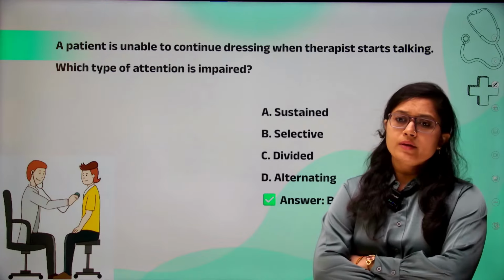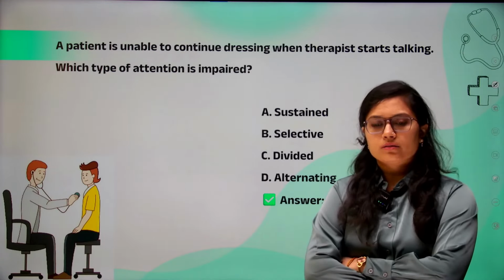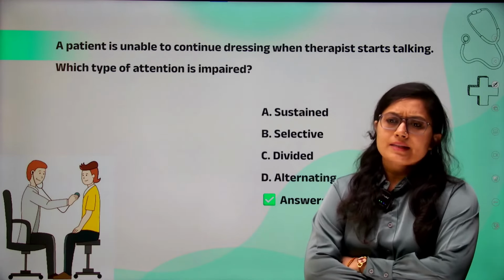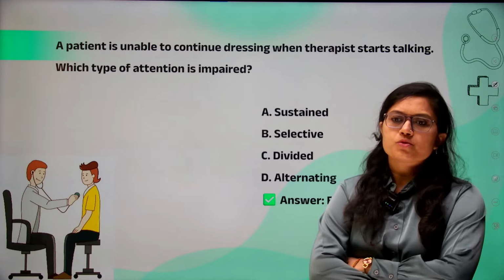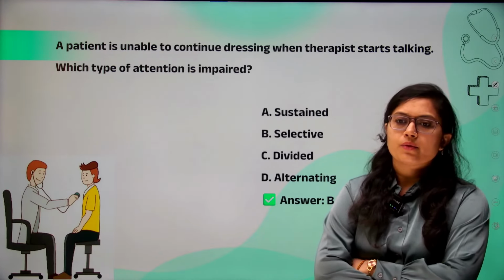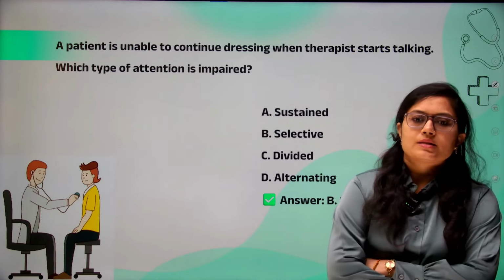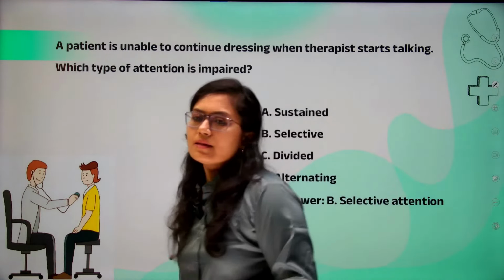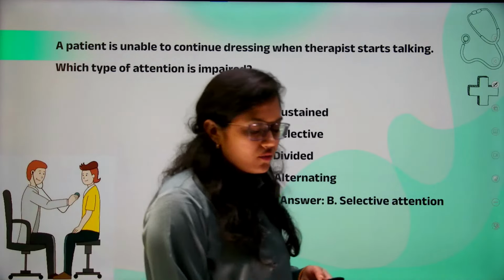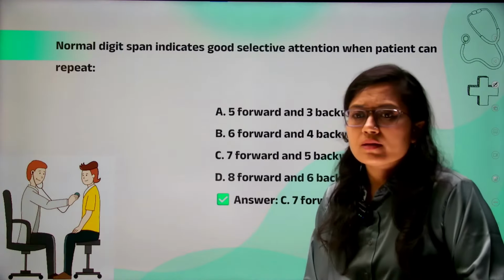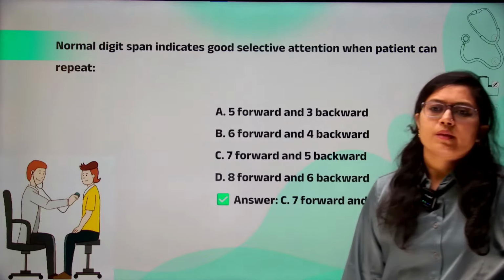Patient stops doing activities when we start talking, or patient stops doing dressing or any of the tasks which they are doing. Option B, selective. Okay. Yes, correct. This is option B, that is selective. As in the same example I gave, if I'm talking to the patient, the patient will stop doing the activity, or if the patient is doing dressing, the patient will suddenly stop.